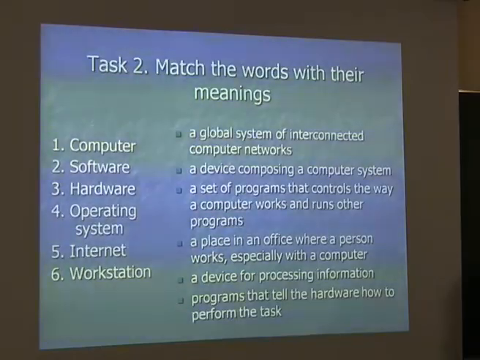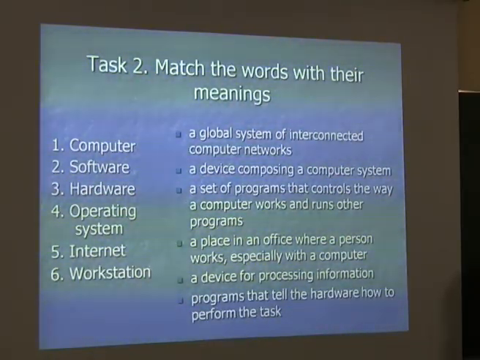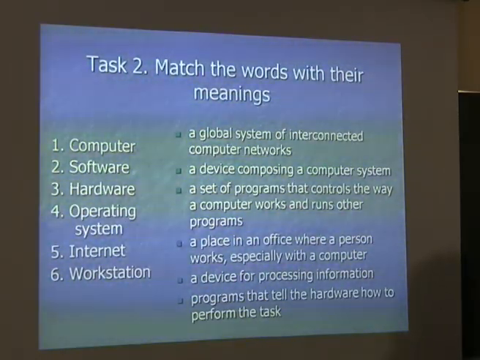Operating system is a set of programs that controls how a computer works and runs our programs. Internet, Ksyusha? The internet is a global system of interconnected computer networks. Good. And the last word, workstation, Denis. Workstation is a place in an office where a person works, especially with a computer.